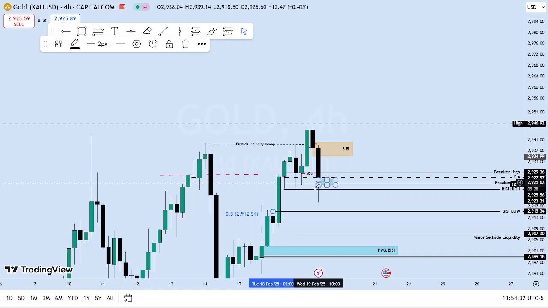Before price delivered inside today, it's Wednesday. Today is Wednesday. This is Tuesday. So on Wednesday, being today, price delivered inside this inefficiency, that is BISI, buy side inefficiency, sell side imbalance, the high, then buy side inefficiency, sell side imbalance, the low. You can see price has delivered inside.